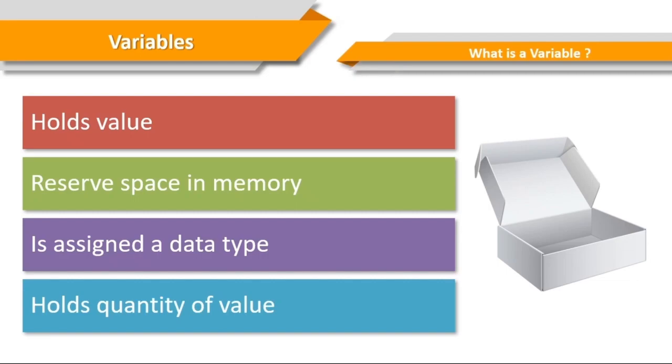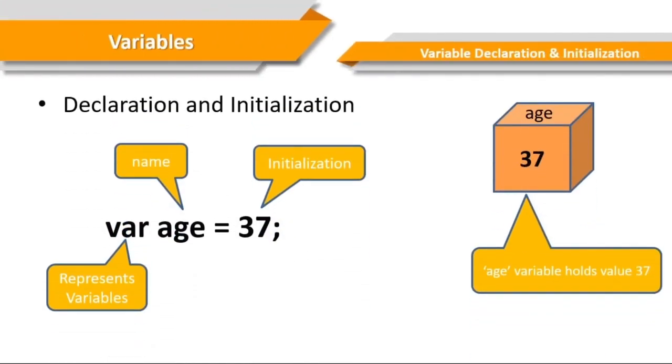Because there are two different steps to use a variable in a program: declaration and initialization. So in order to declare a variable, you must specify the variable and give a unique name to the variable. So in our example, we'll declare the variable to be age.